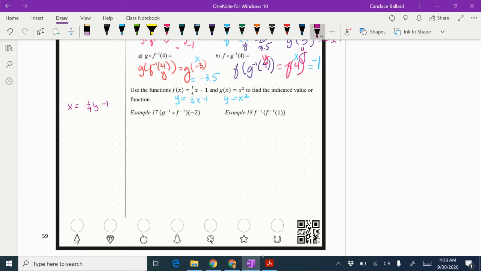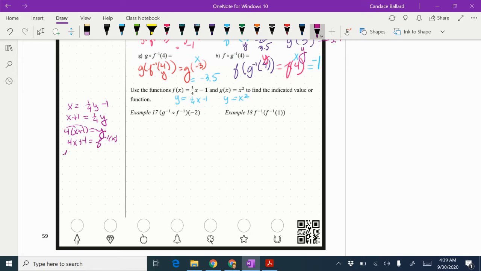I'm going to move the 1 over by adding, and then to undo the 1/4, I need to multiply by 4. So we've got 4 times x plus 1 equals y. And then for purposes of what we're going to do, I am going to choose to distribute this in. So 4x plus 4, and technically, that's what f inverse of x equals.